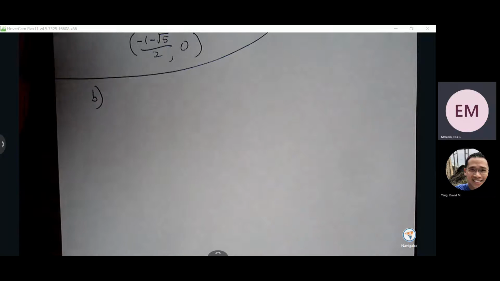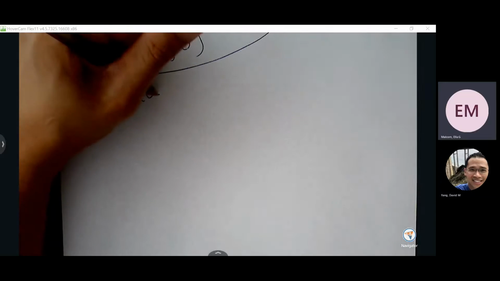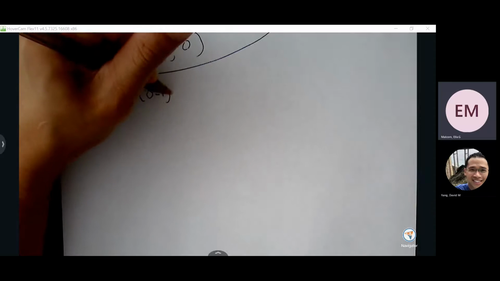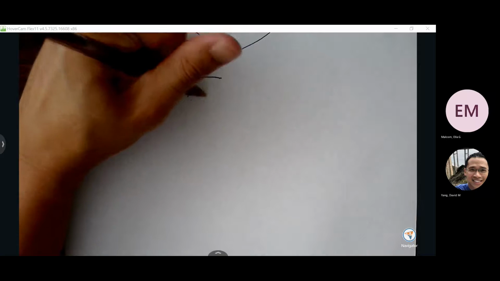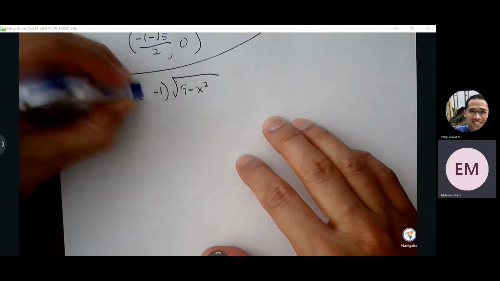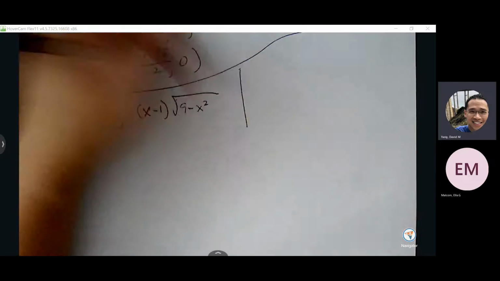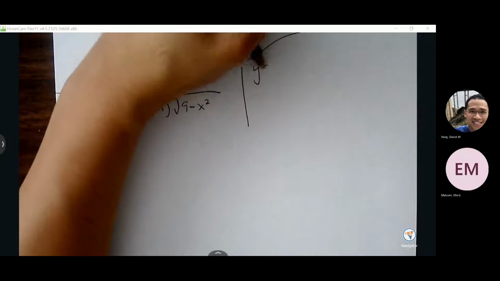So the y-intercept: 0 minus 1, square root of 9 minus 0. You want to find the y-intercept first.